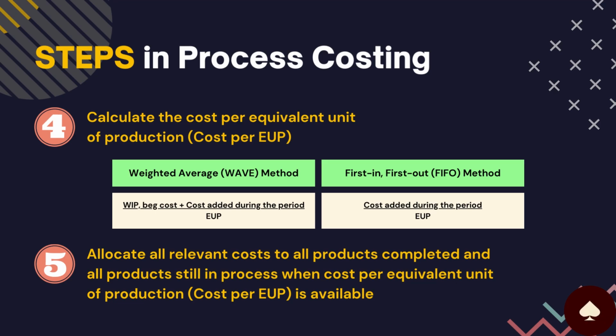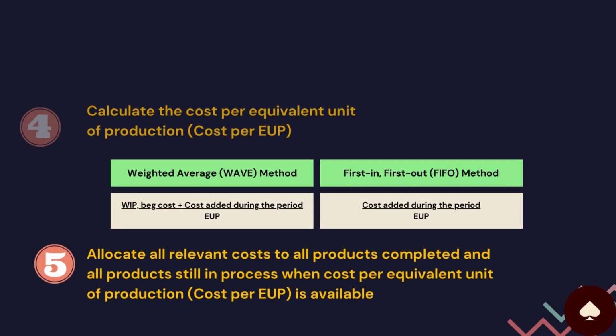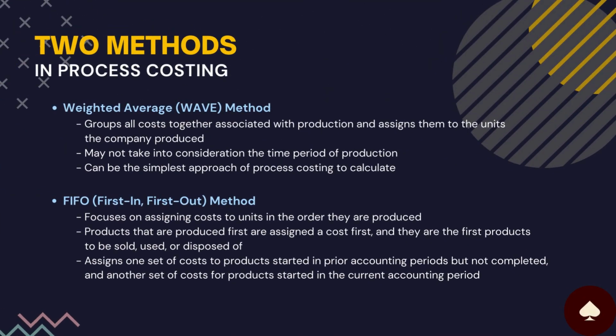In other words, we assign cost to all finished products as well as to the ending work in process inventory. There are two methods or approaches in process costing, which are, number one, the weighted average method or the wave method, and number two, the first in first out method or the FIFO method.